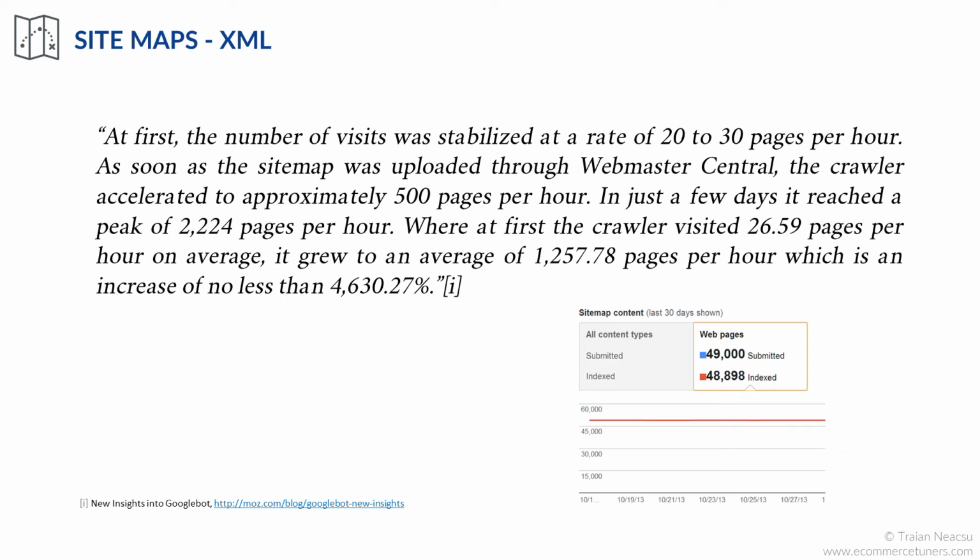In just a few days, it reached a peak of 2,224 pages per hour. Where at first the crawler visited 26.59 pages per hour on average, it grew to an average of 1,257 pages per hour, which is an increase of no less than 4,630%.